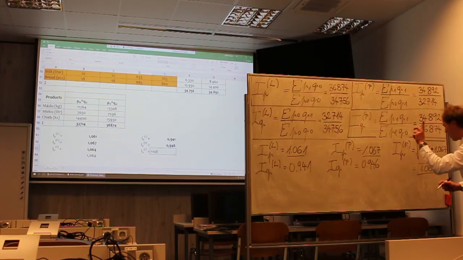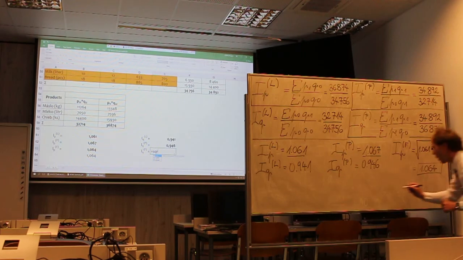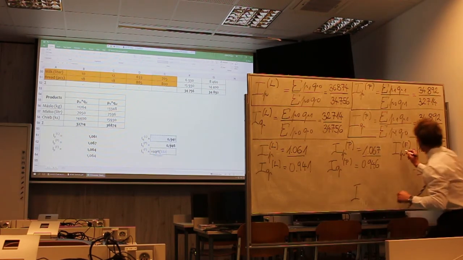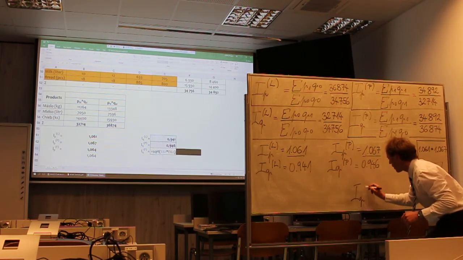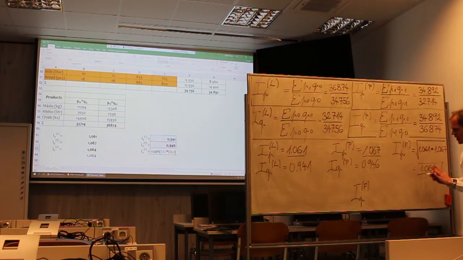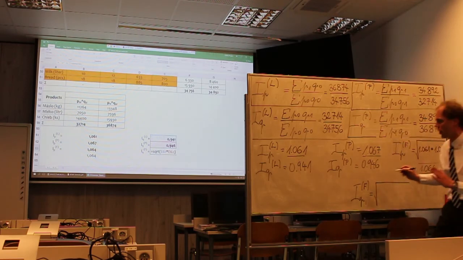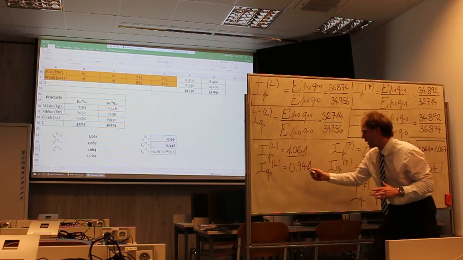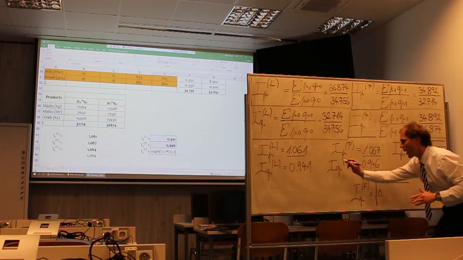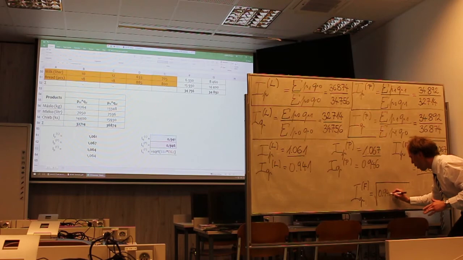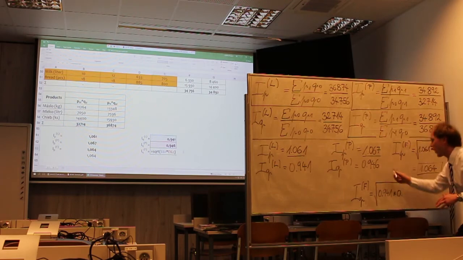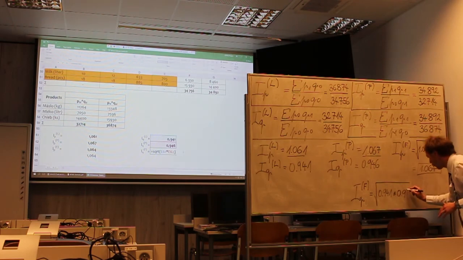And we will finish this example with the index for quantity of Fisher type. This will be calculated like the square root from multiplication of the Laspeyres quantity index 0.941 and 0.946.